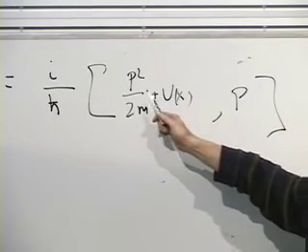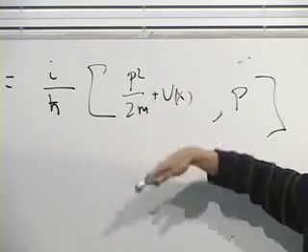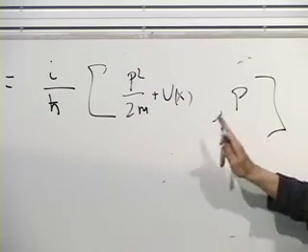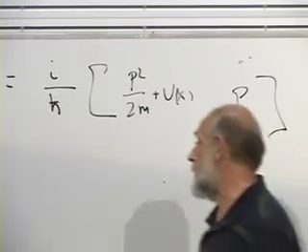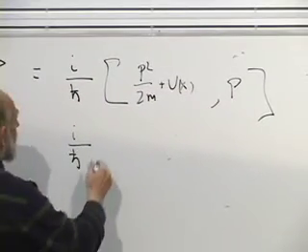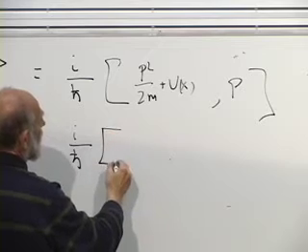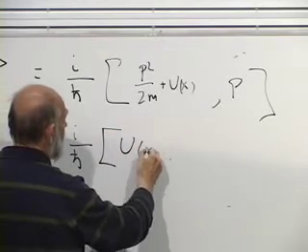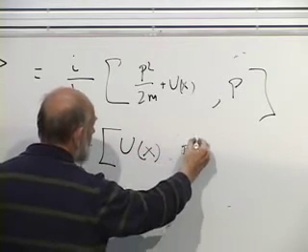P commutes with p squared, so that's not there. It's just the commutator of p with u of x. So this whole thing is I over h bar times the commutator of u of x with p.